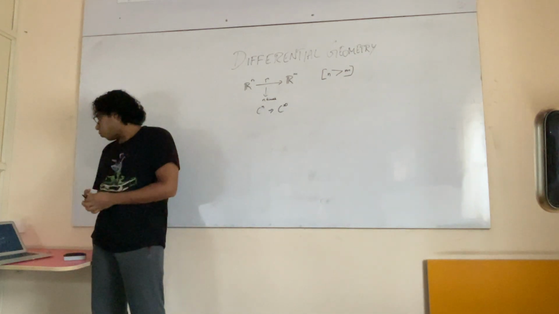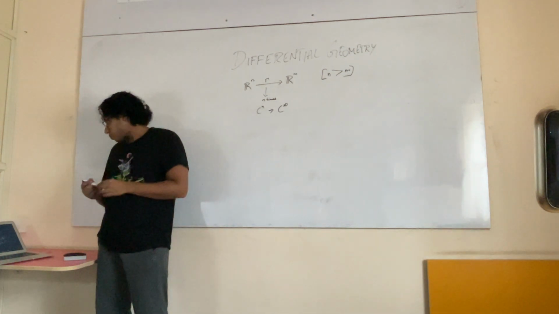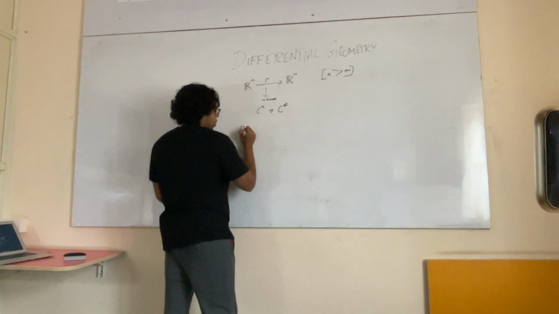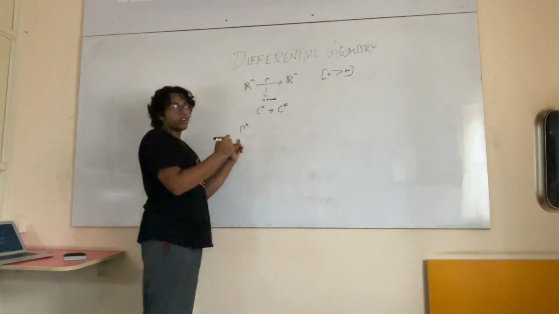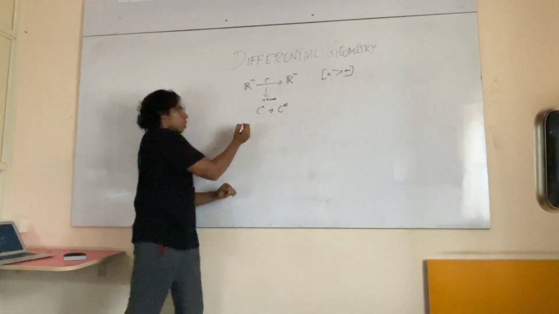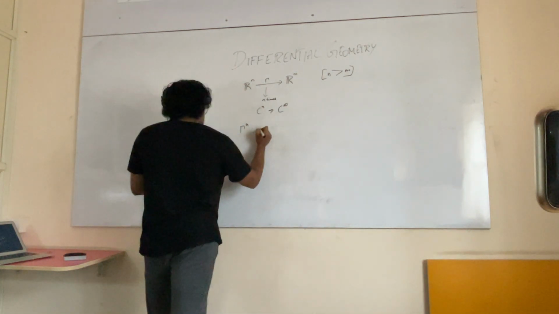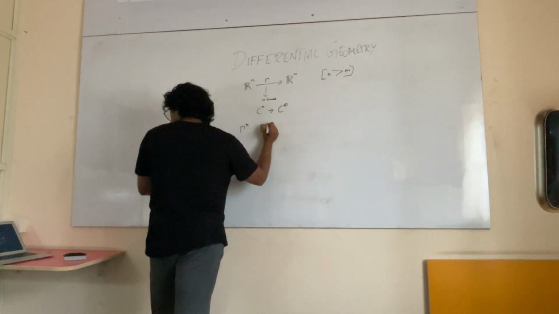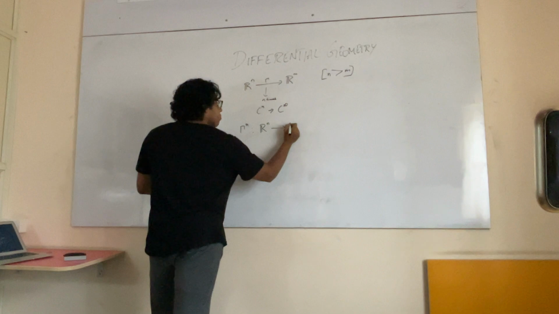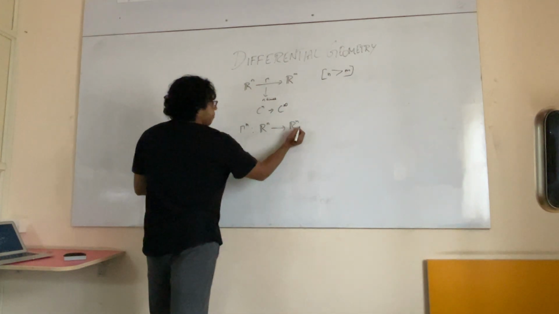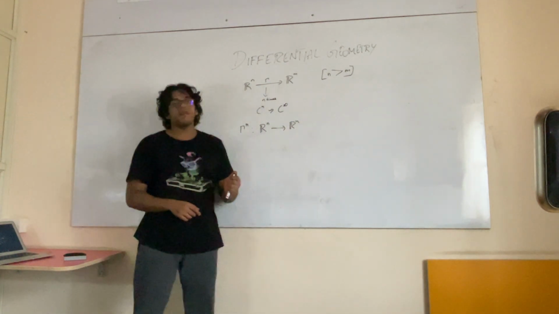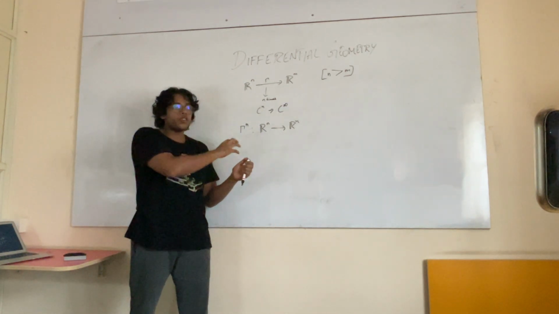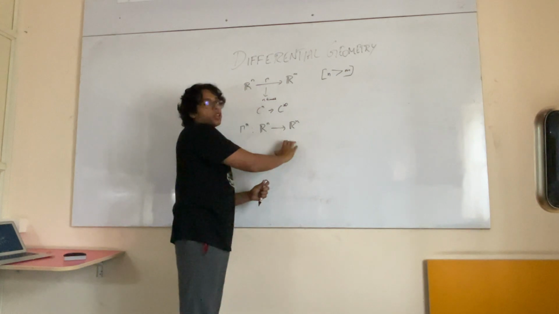So now let's talk about this. If you have a function of class R, it's defined as a mapping from Rn to Rn. So again you have an n-dimensional object, and then you have a function that takes it from an n-dimensional object to an n-dimensional object.